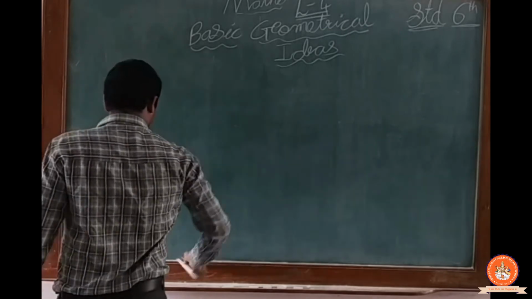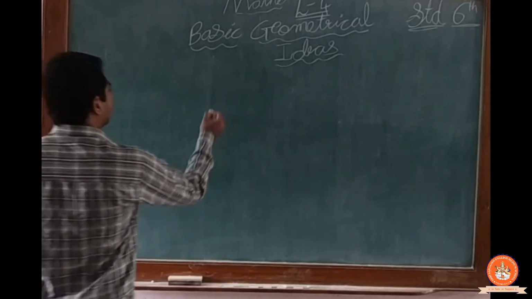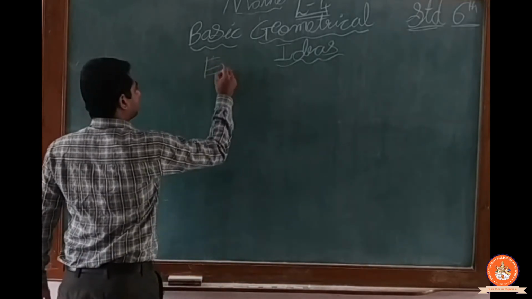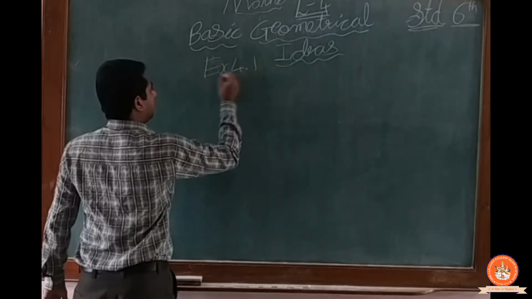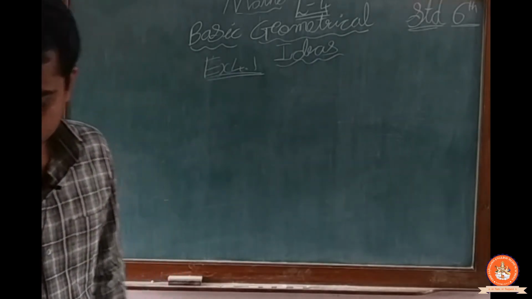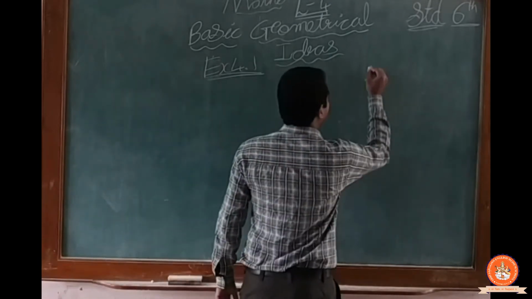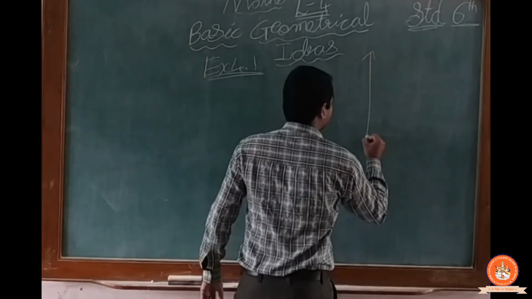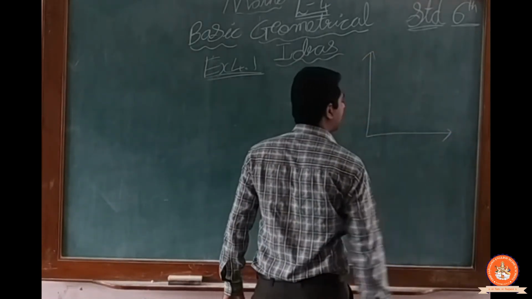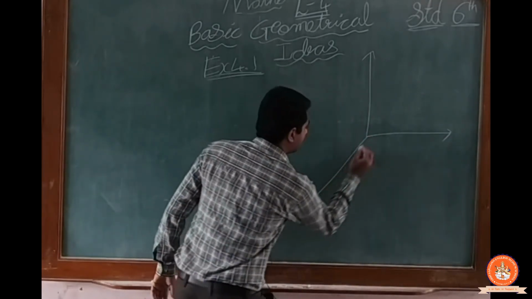There is one diagram, okay, in exercise 4.1. The diagram is like this, I am drawing here. Okay, there is one line of this type, and another line is coming like this.